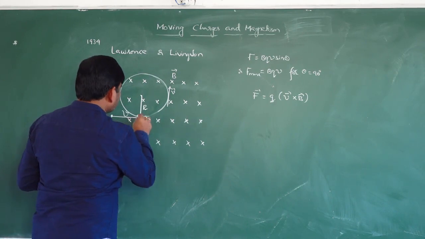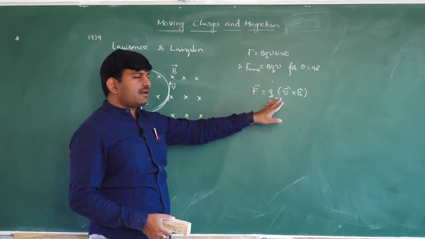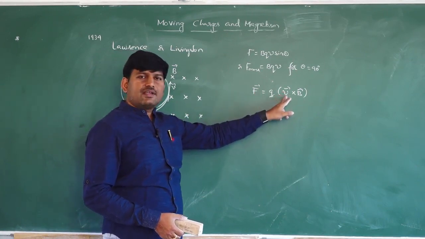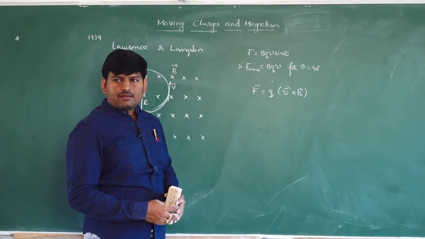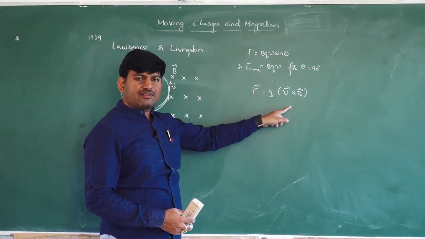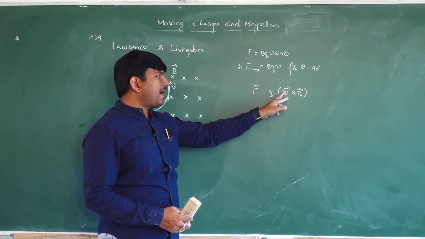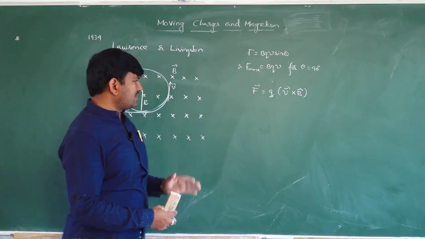Is it clear? The magnetic force can bring only a change in the direction of velocity, but it cannot change the magnitude of velocity. So, the magnetic force acting on the charge is not responsible for bringing a change in the magnitude of velocity. It can bring only a change in the direction of velocity. This is very important.